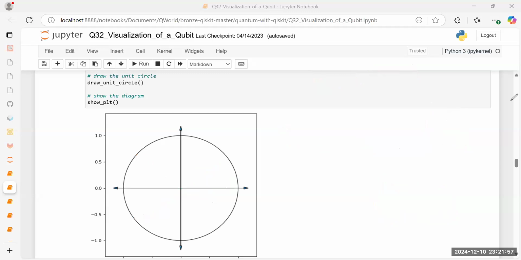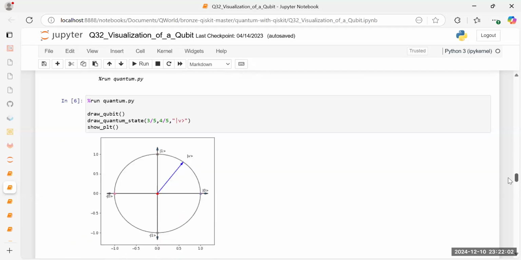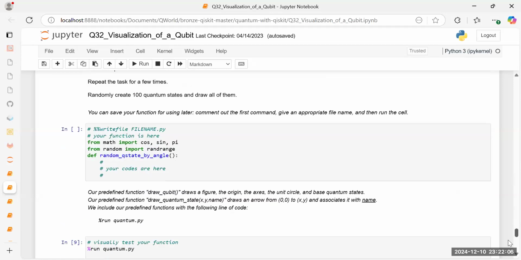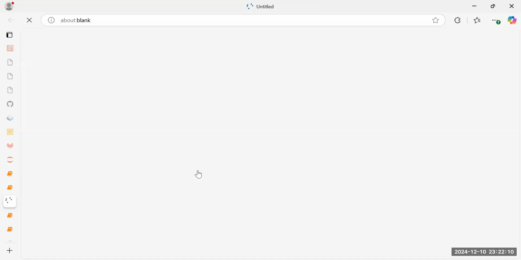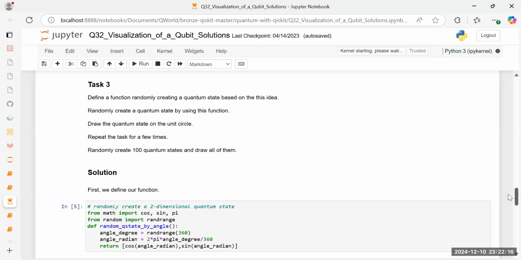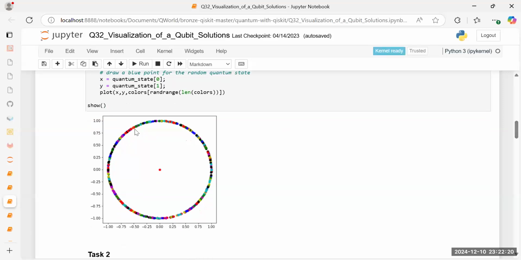Okay, so if we are to scroll down, we even have a circle here with all these dots.